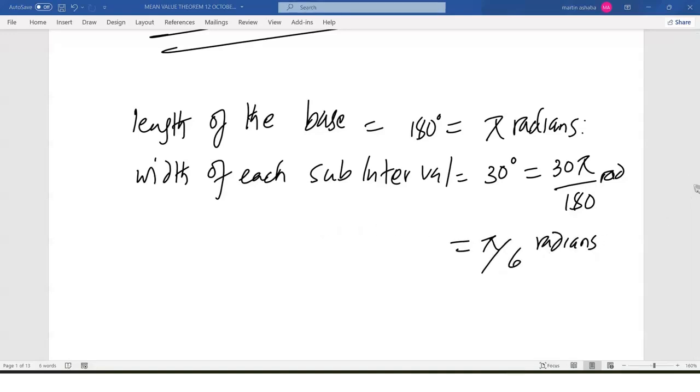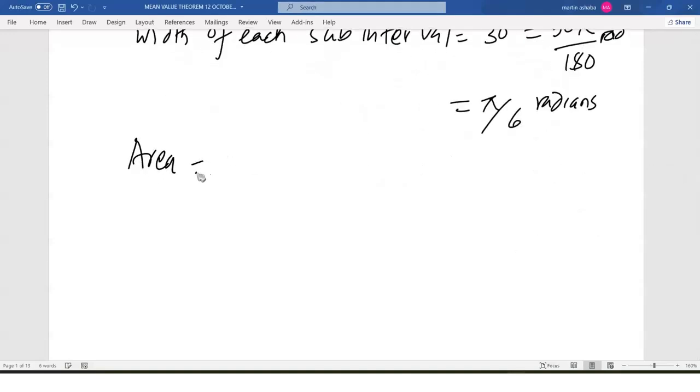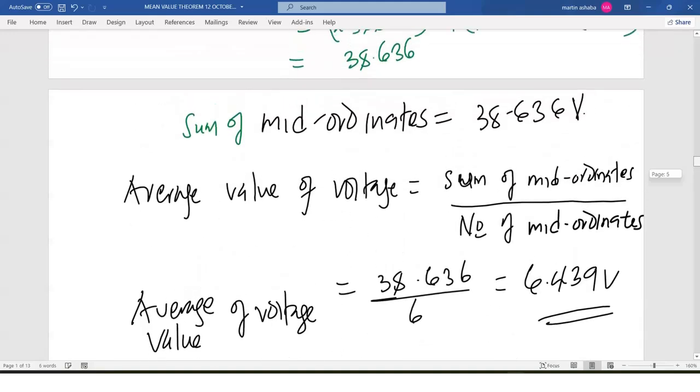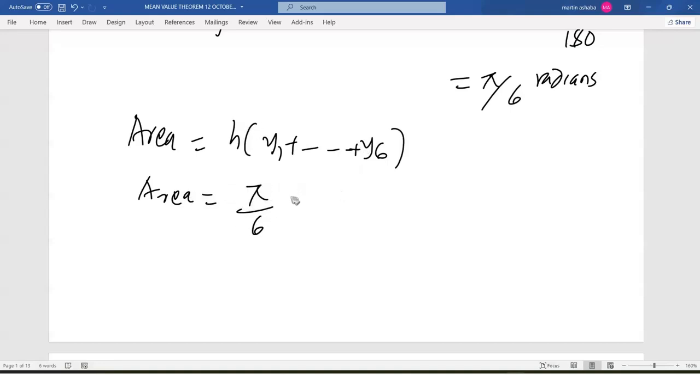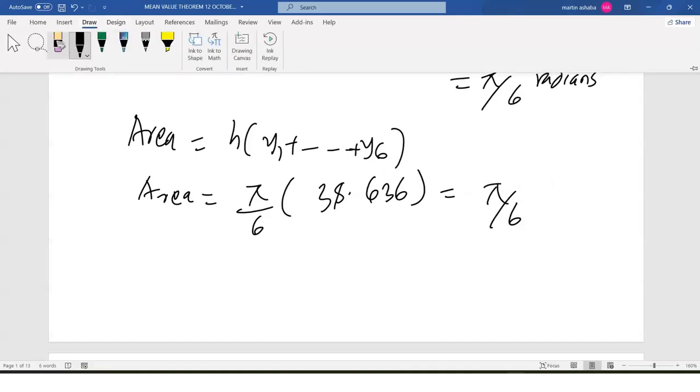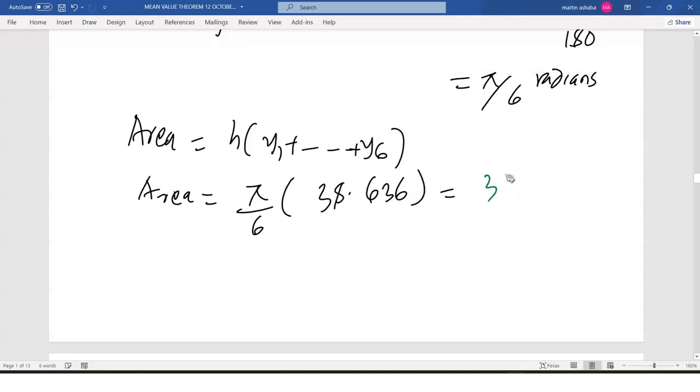So if we determine the area using the formula we already wrote above, h into y1 up to y6, the area will be h, which is pi out of 6, into the sum that gave us 38.636. So this is 38.636 divided by 6 pi.